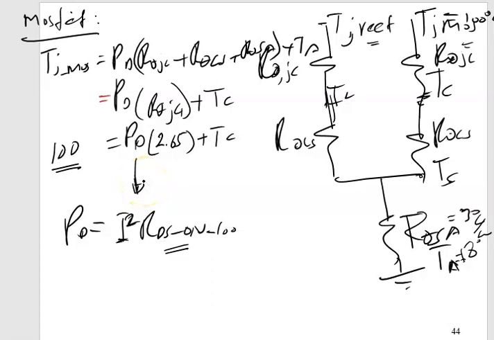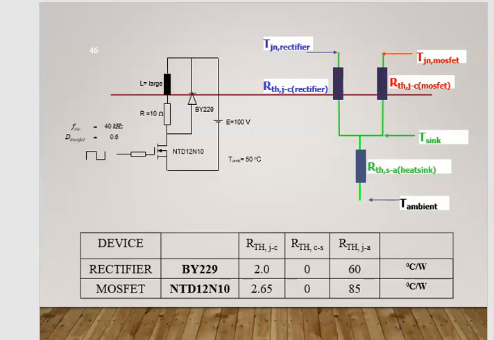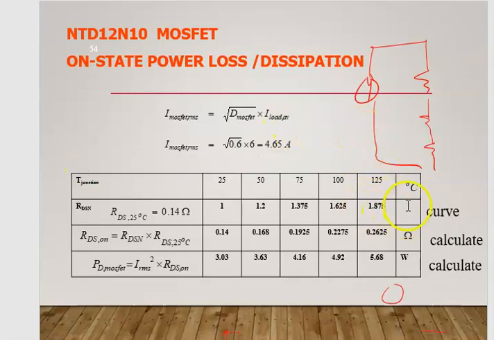So you write here, RDS on at 100 is equal to 0.14 from the curve times the factor. So it is just about what is called projection.